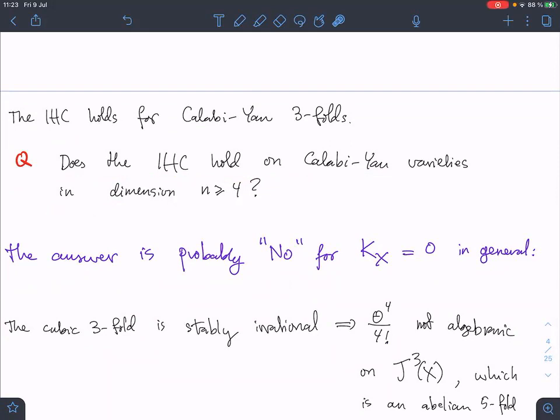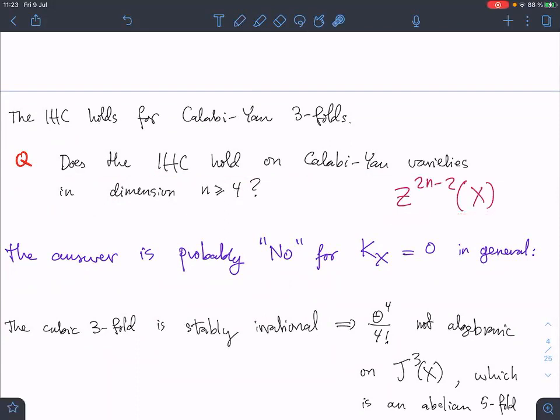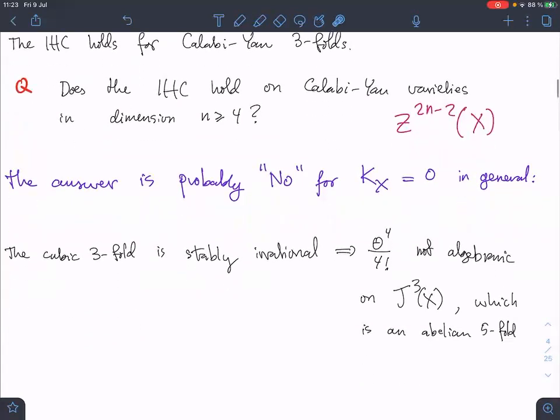And here I'm particularly interested in the case of degree 2n minus 2, so curve classes again. The answer is probably no for varieties with trivial canonical bundle in general, because it might fail even for abelian varieties.